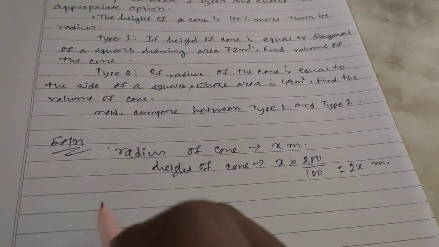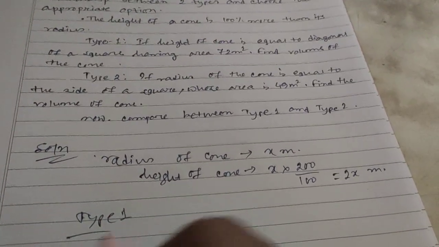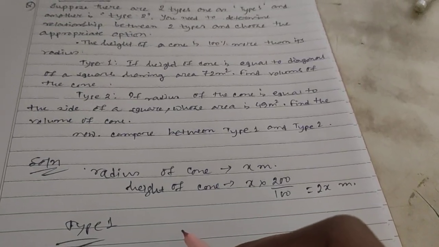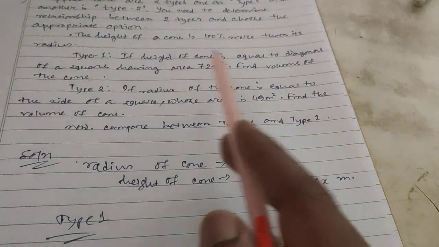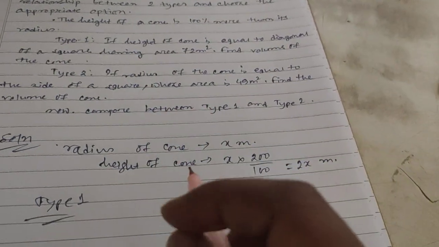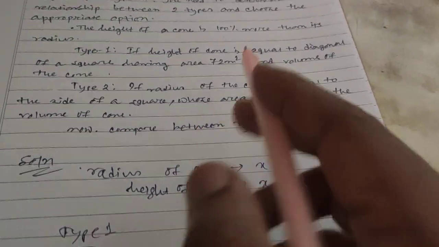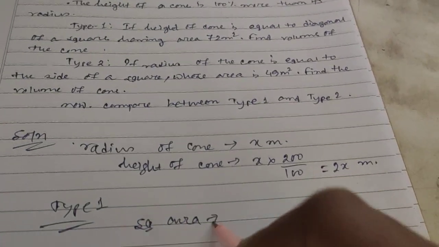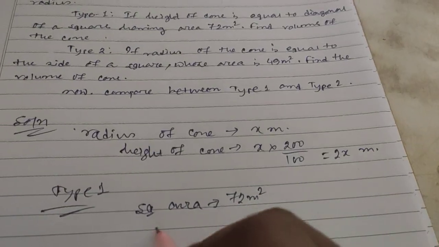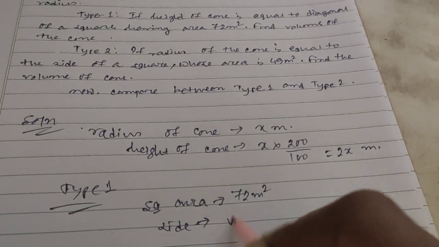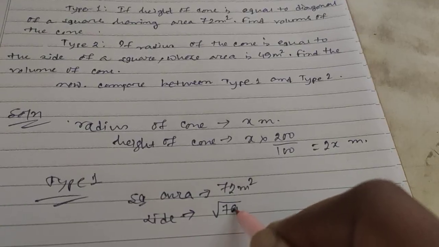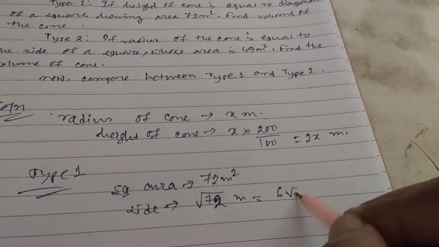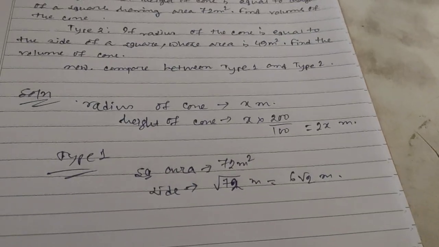Now I will consider type 1 and type 2. So for type 1, the side of the square: you can see the area of the square is 72 meter square, so the side is root 72 meter, which is nothing but 6 root 2 meter, right?